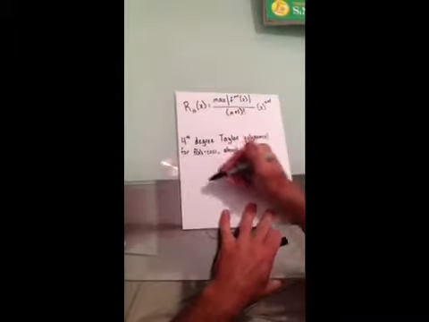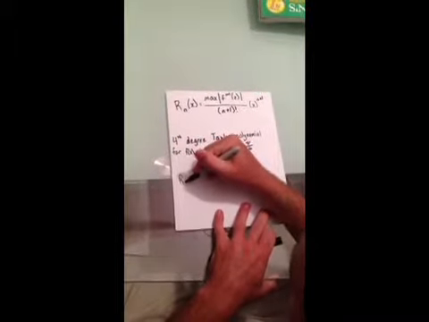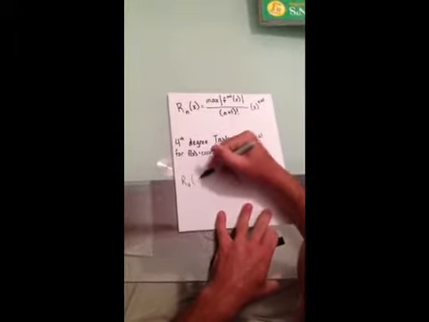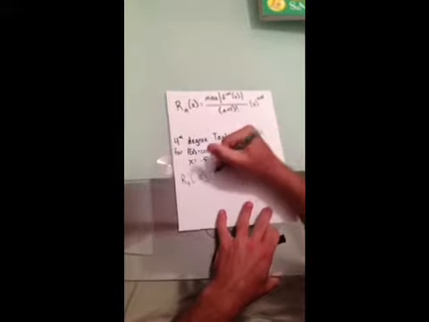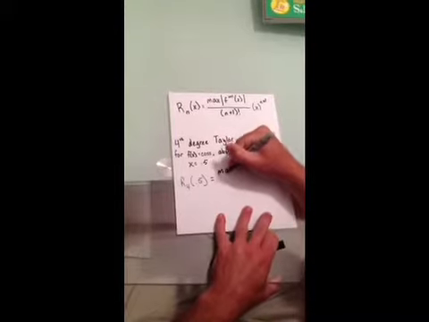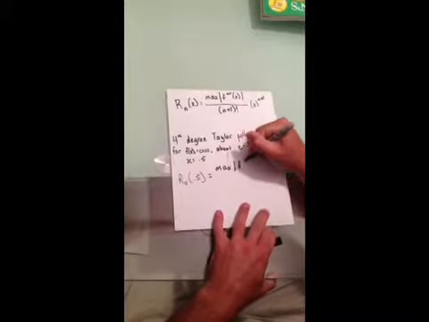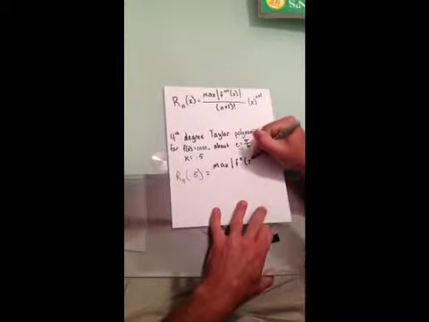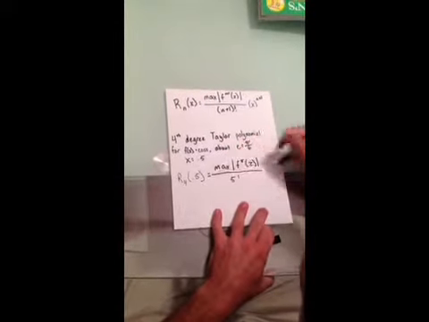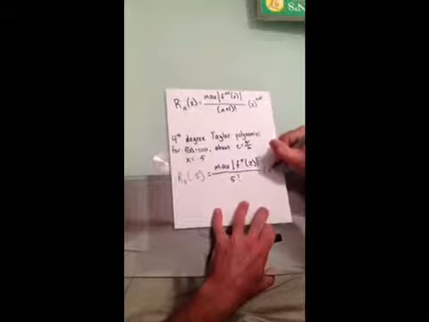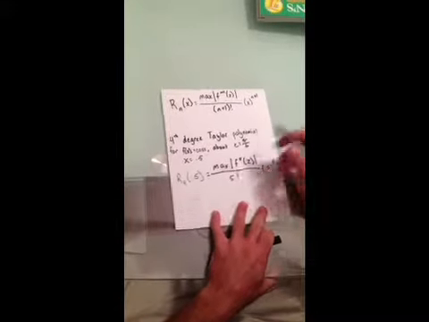So we know that we're going to do R of 4 at x equals 0.5. It's going to equal the max of f5 of z all over 5 factorial times 0.5 raised to the 5th.